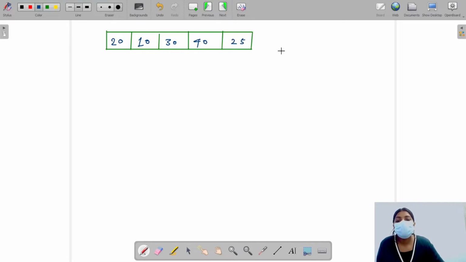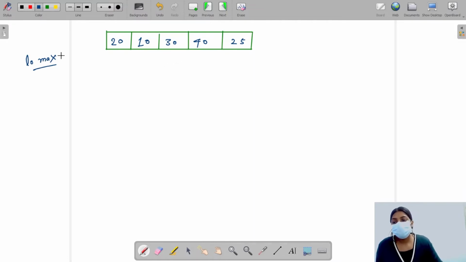Okay. Now, if I ask what the lowest maximum load is that my student can handle, it will be equal to what? The max of my array, right?